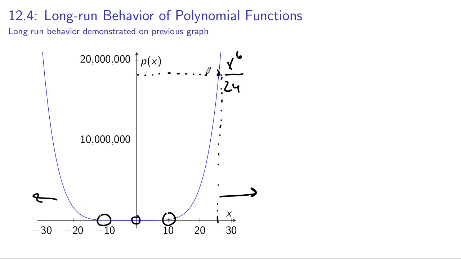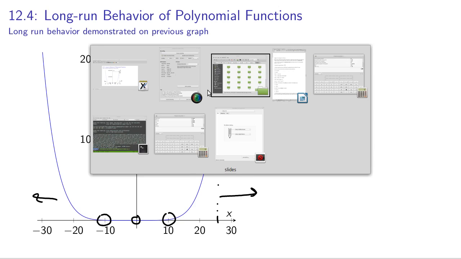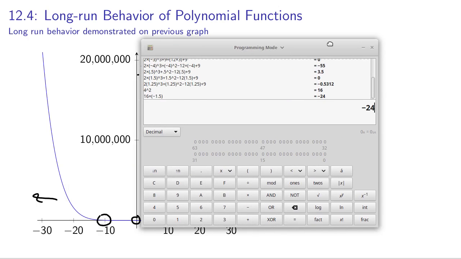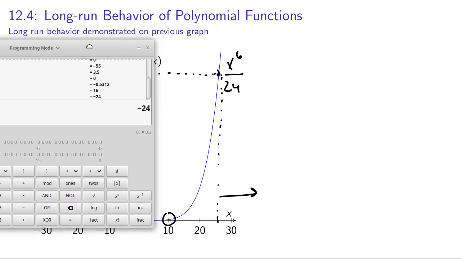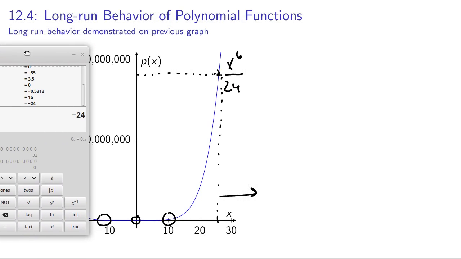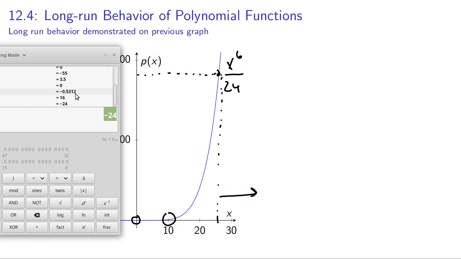So if we put in 25 for x in this equation, we should get something that's close to 20 million, if our theories are all correct. So let's verify that a little bit. If we take 25 to the 6th power and divide by 24, we get about 10 million.